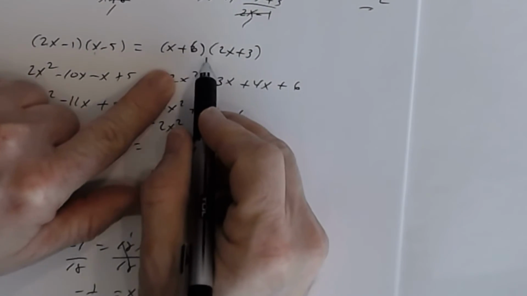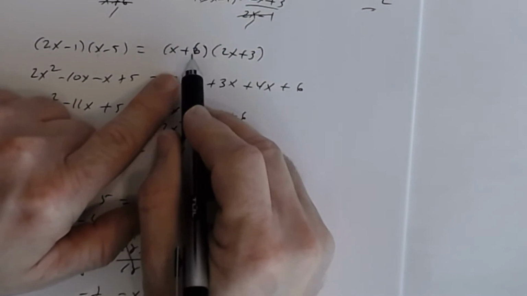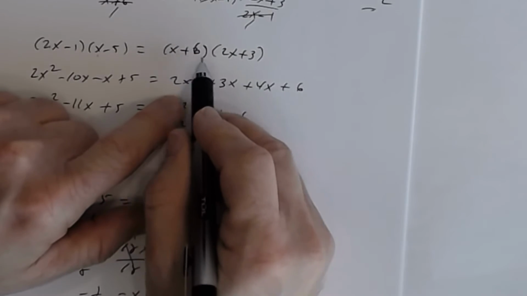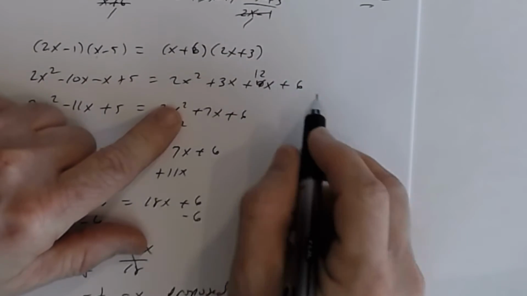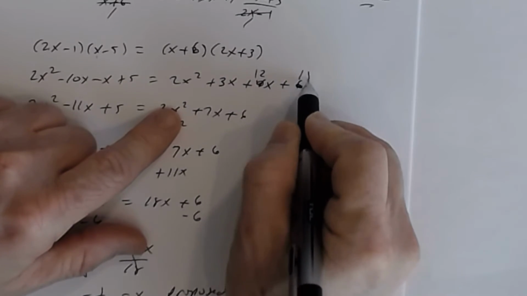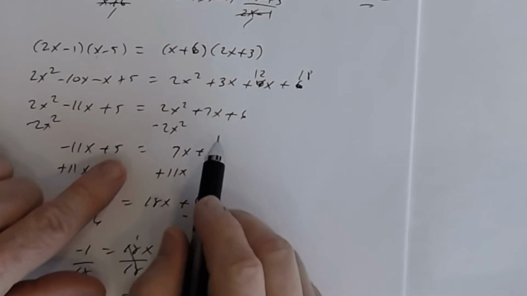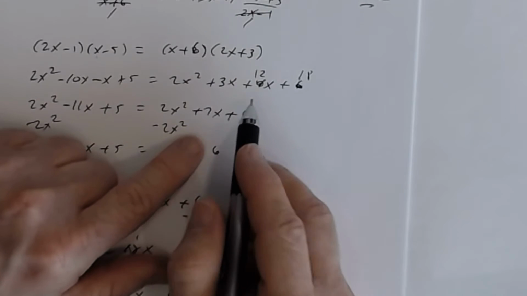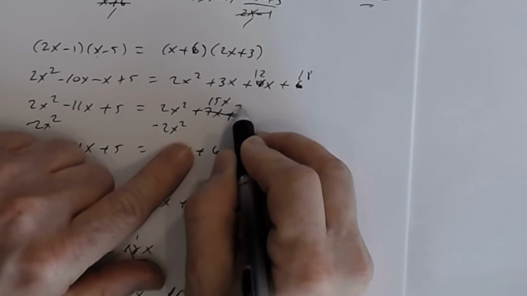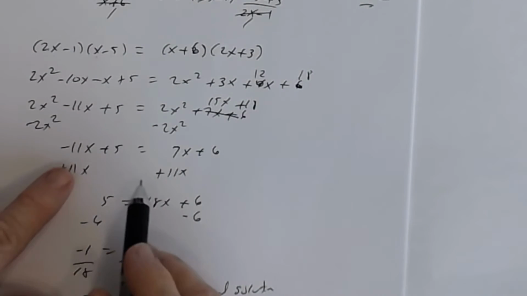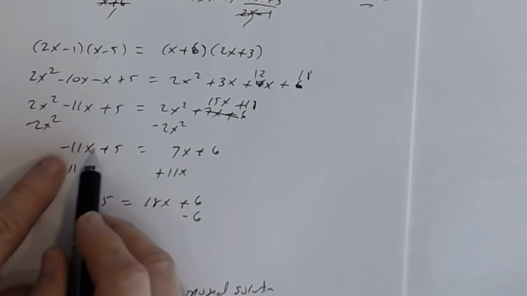So let's fix this. So you have 2x squared, 3x, and that's 12x. So let's fix this to 12x. And that's going to be 18. 6 times 3 is 18. So that's going to make this 15x plus 18. All right, so this side's correct.